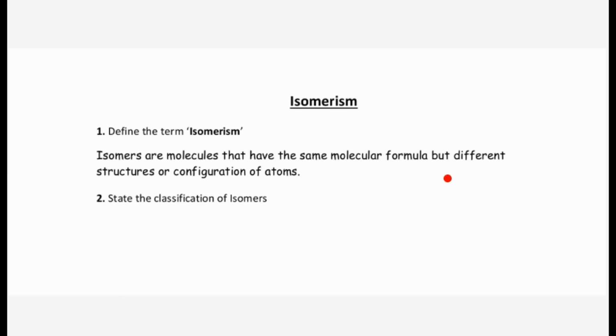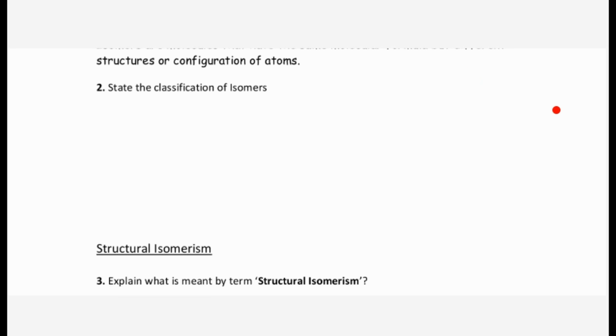When you say different configuration of atoms in space, you are defining stereoisomers. So isomers, therefore, can be classified into two categories: structural and stereo.